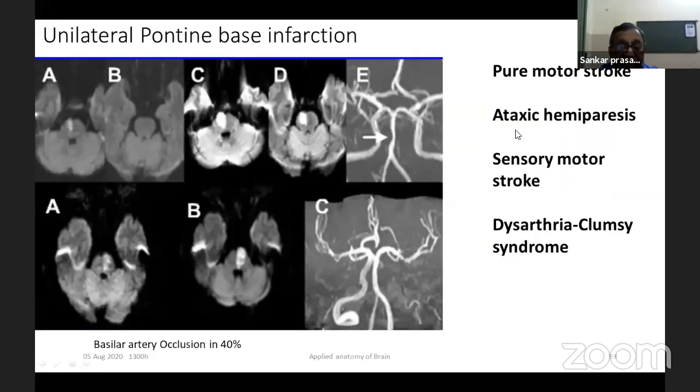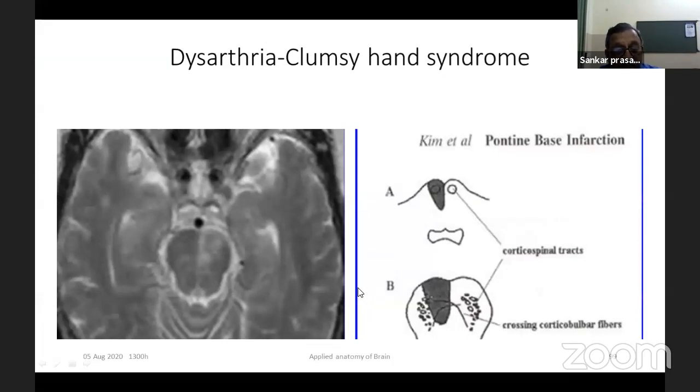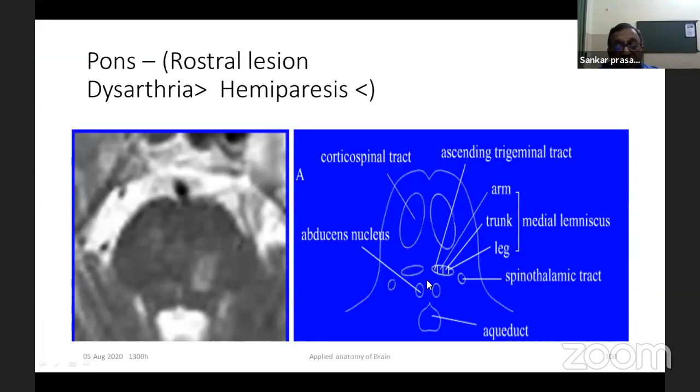The corticospinal tract is ventral, or anteriorly placed, and the abducens nucleus is posteriorly placed near the aqueduct.